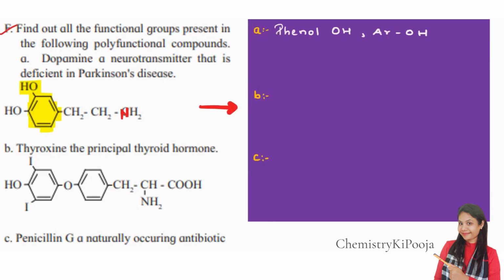Along with this, there is also the presence of an NH2 group. Here two OH groups, so two phenolic groups, two OH groups on the benzene. We have an NH2 group present. Clear? So here I'm going to write it down.